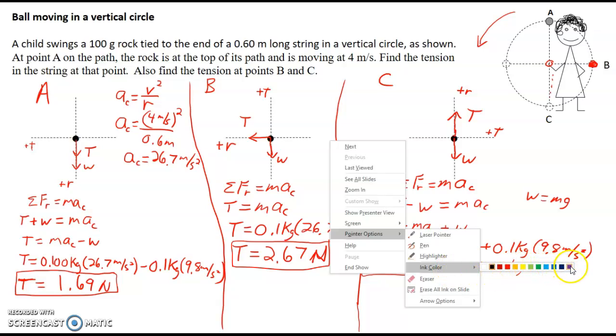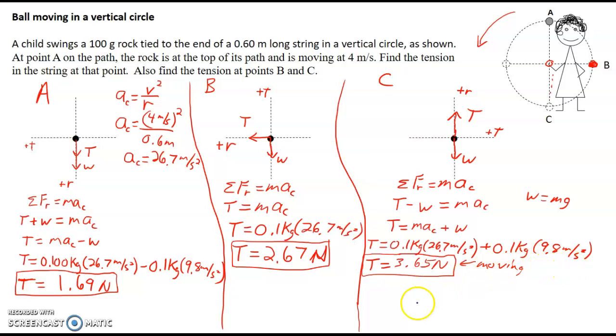Let's go with purple. All right, now we say it's stationary at C. Well, we'd have tension and we'd have weight. But if it's stationary, we won't have a positive R direction. Instead, up will be our positive Y direction.